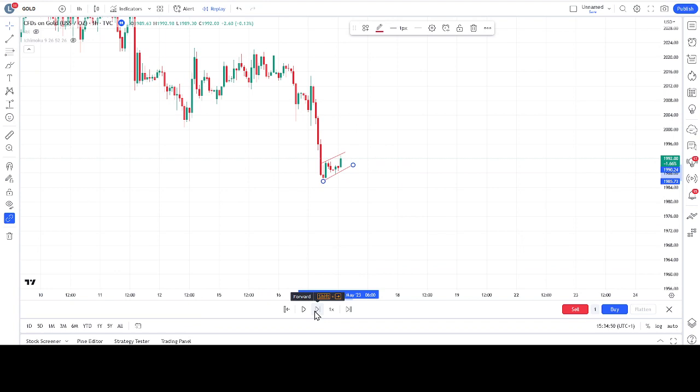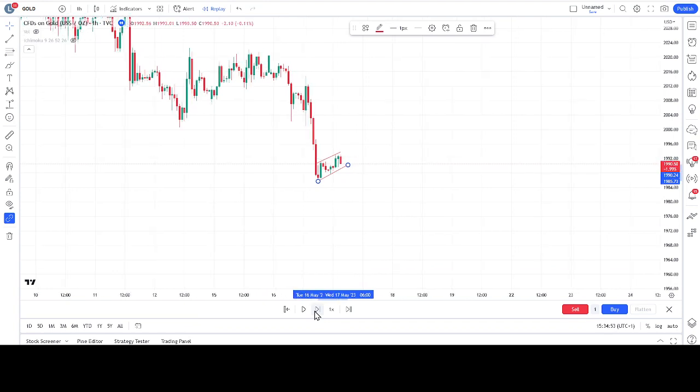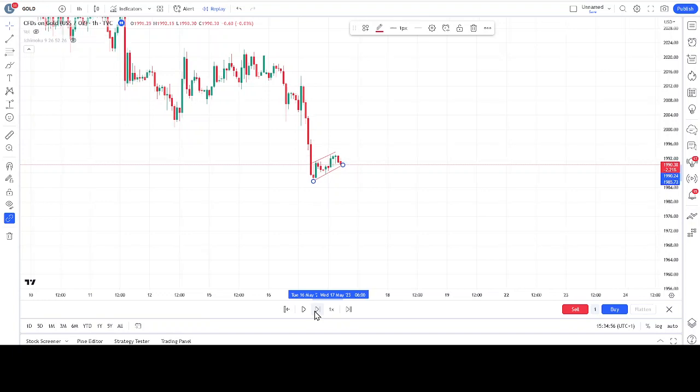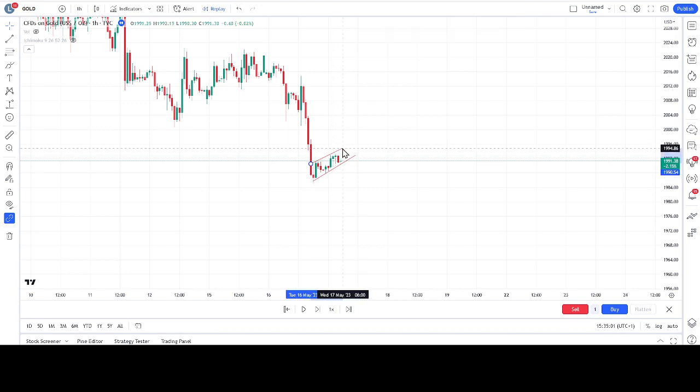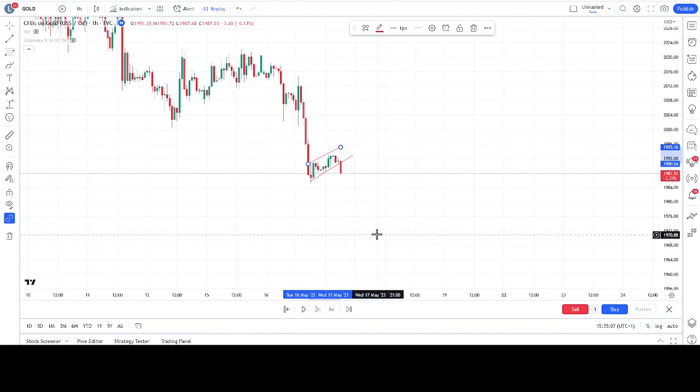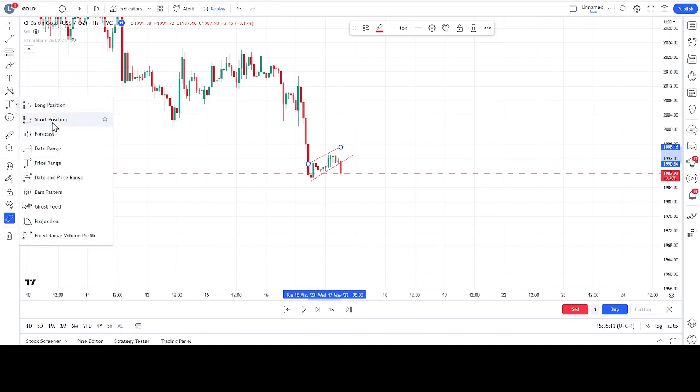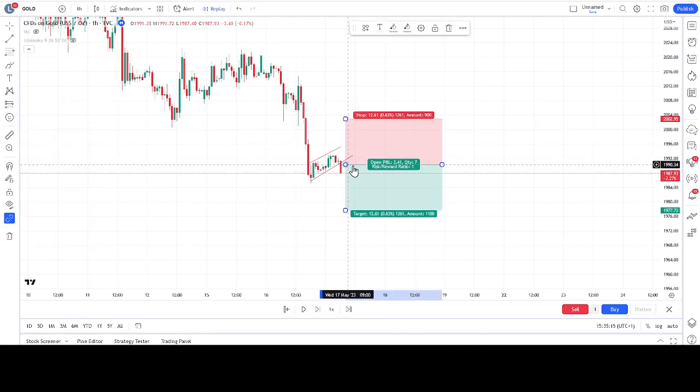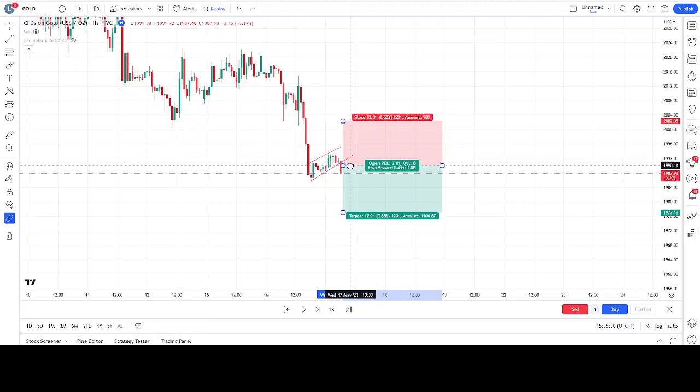So let's see the next candle. Still good, still good. Okay, let me just increase the chart. Okay, there you go. That's the breakdown candle. Now let me enter the short position here, and this is my short position, just on the retest of the candle.